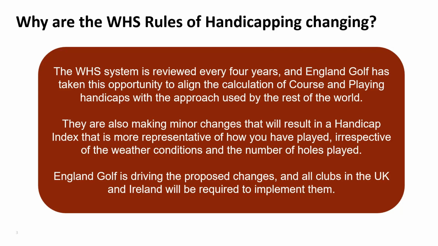And I think what England Golf has done is taken this opportunity to align, certainly around course and playing handicaps, with an approach that's used by most of the world. So even though it was a world handicapping system, each country had the ability to tweak it slightly, and this is really quite a big alignment exercise.